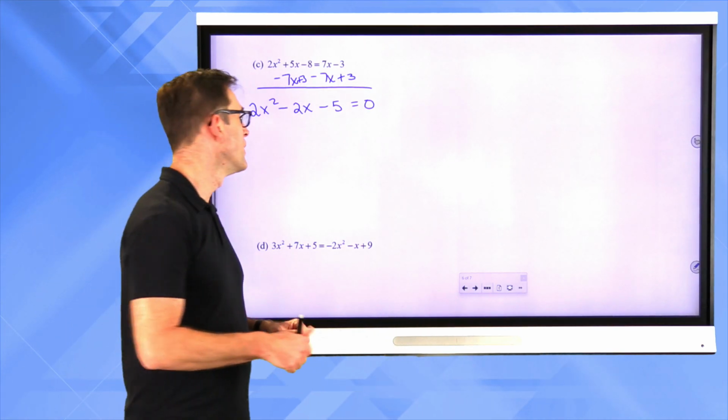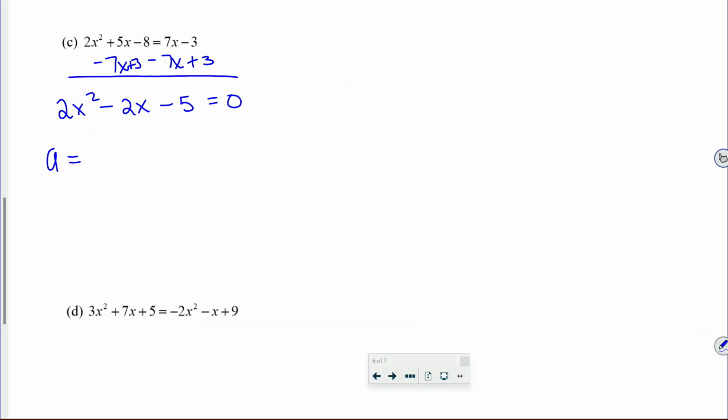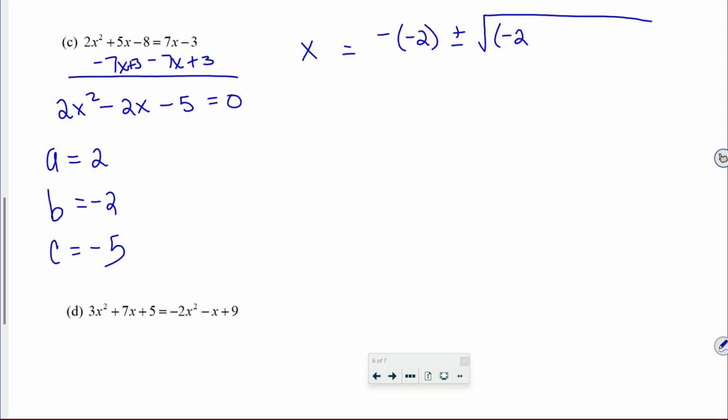All right, let's do it. So we've got a is equal to 2, b is equal to negative 2, and c is equal to negative 5. So x is going to be negative b, which is negative negative 2, plus or minus the square root of negative 2 squared minus 4 times 2 times negative 5. Lots of negatives underneath that square root.